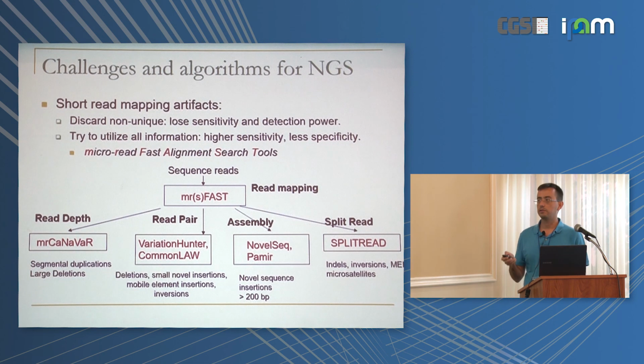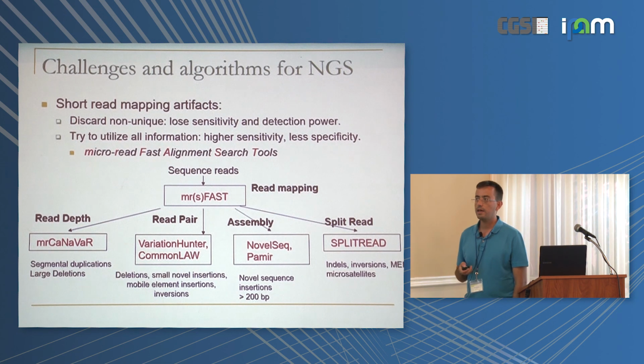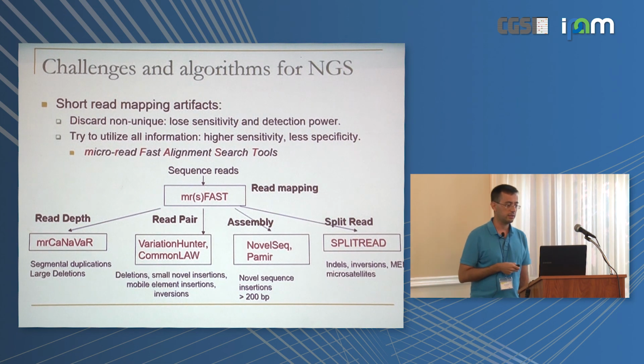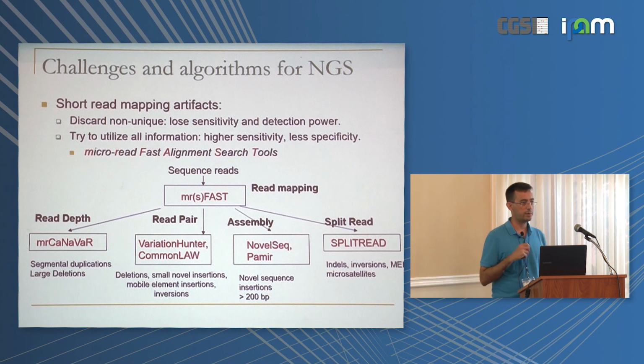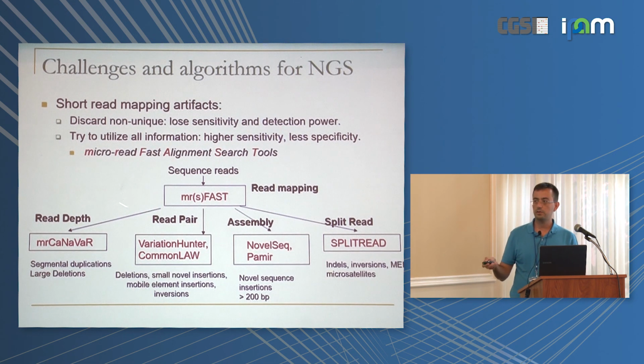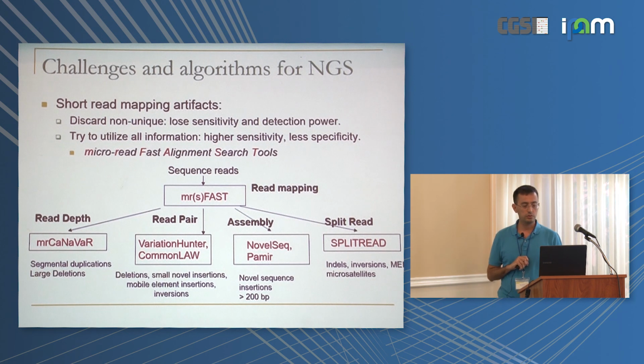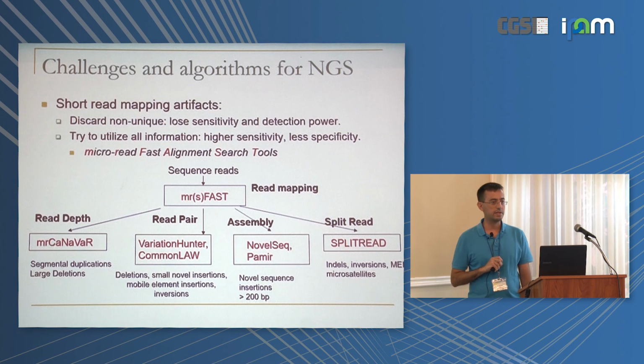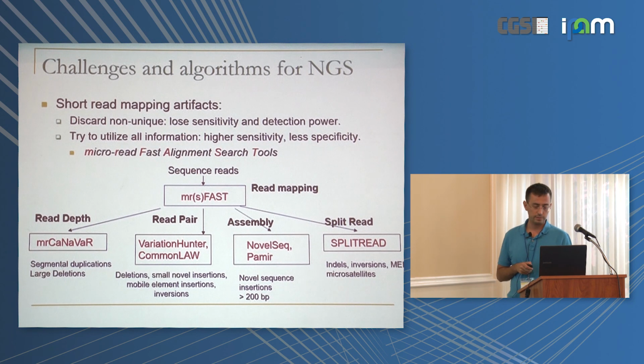So we first implemented a read mapper that returns all possible map locations. And then, looking at the mapping information that this mapper generates, we developed a read-depth-based method, and then read pair, assembly, and split read-based methods to detect different types and sizes of structural variants.